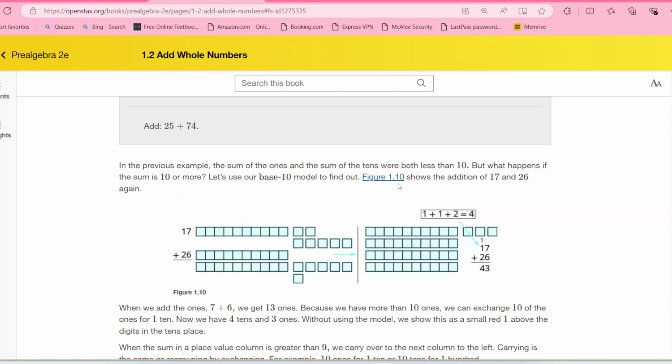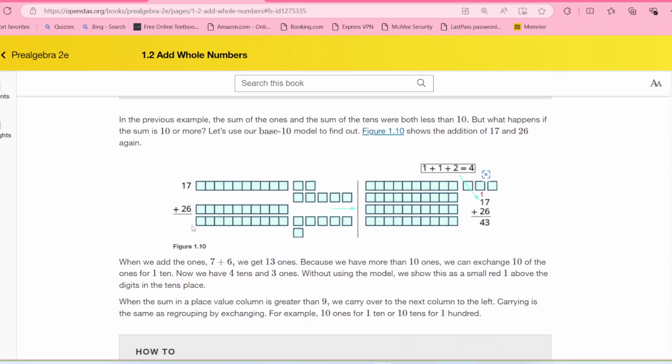Figure 1.10 shows the addition of 17 and 26 again. So see 17 up top plus 26. So you see there's 1 ten and 7 ones blocks for 17. And then 26 has 2 tens rods, and 6 ones.